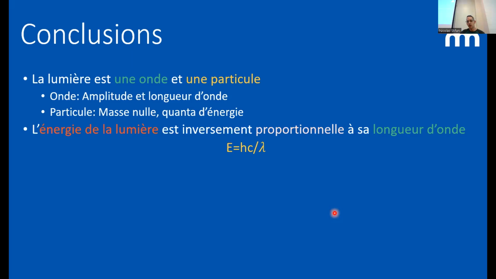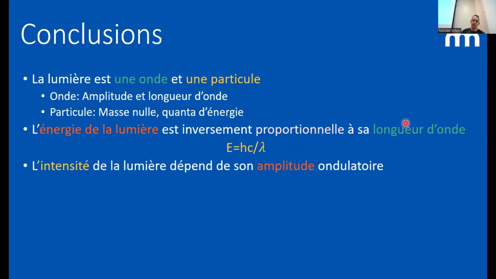It is important to know that the energy of light is inversely proportional to the wavelength. So if wavelength increases, the energy carried by each photon decreases. So if you go to the far red, it's less energetic than UV. Intensity depends on the amplitude.